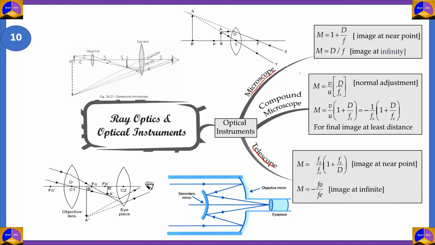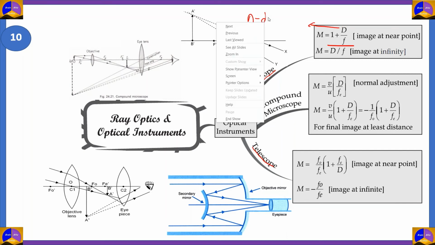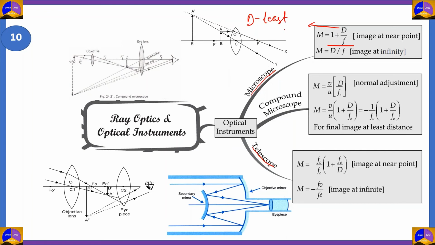If you want to form this image at the near point, such as in this diagram, we use the formula 1 plus D by f. Over here, capital D refers to the least distance of distinct vision, basically the near point.